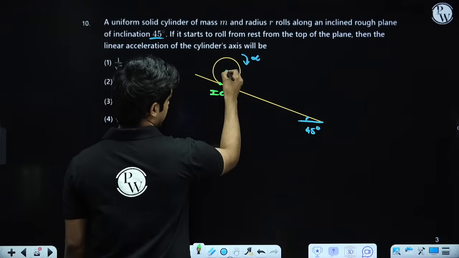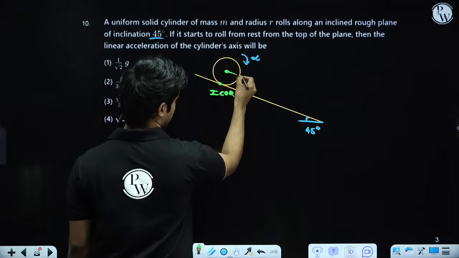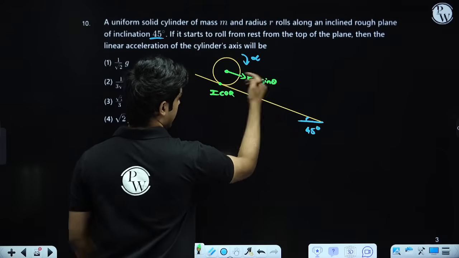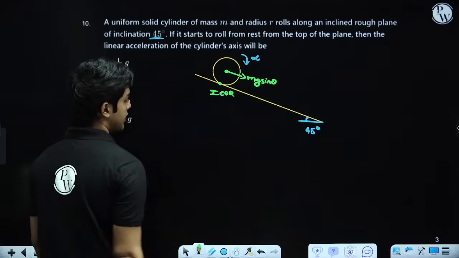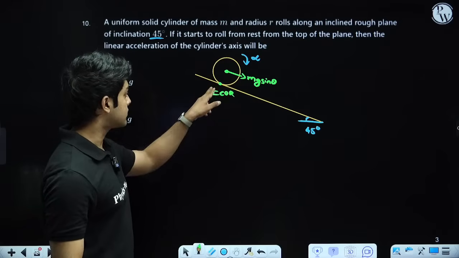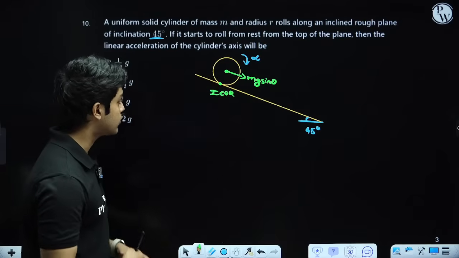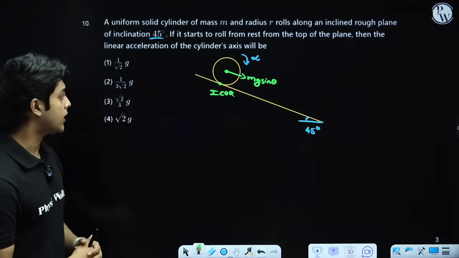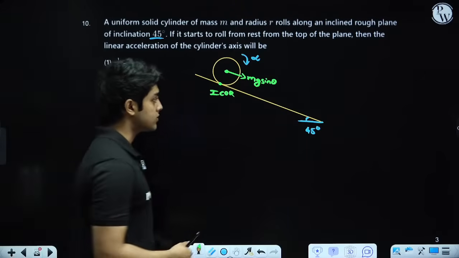So at the center, the forces are mg sin theta and mg cos theta. mg cos theta directly passes through the ICOR. Normal reaction passes through the ICOR, friction passes through the ICOR. So the only force left is mg sin theta. So it's easy to calculate the torque about the ICOR.